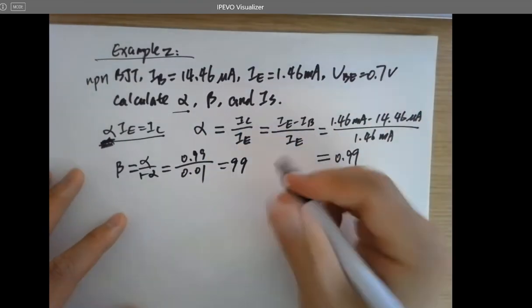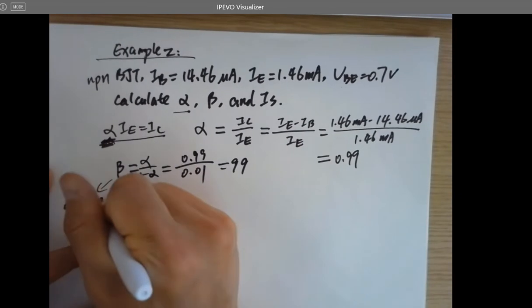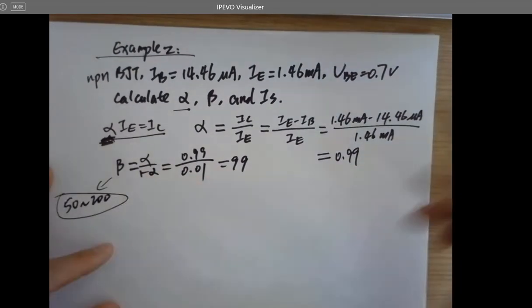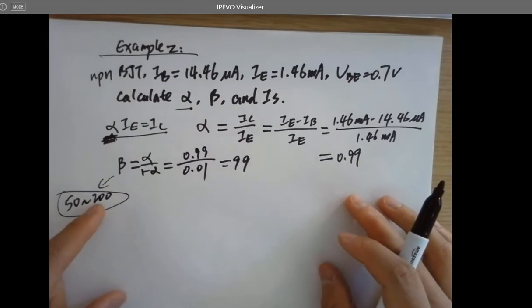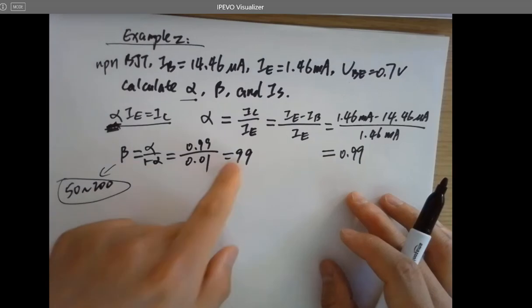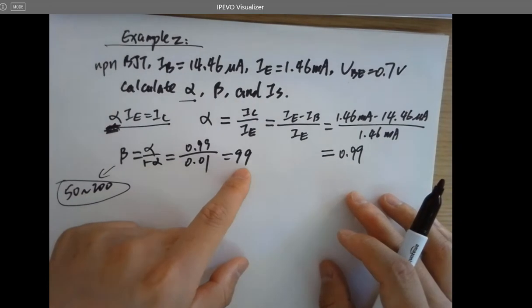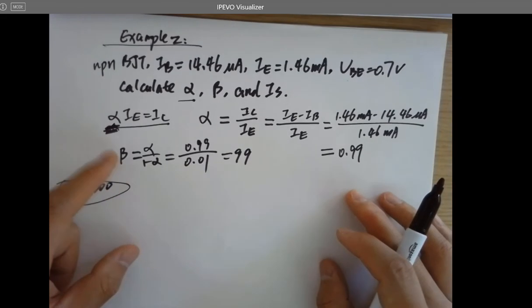And remember the typical range for beta is 50 to 200. If you buy an NPN BJT, it's going to be somewhere around this. Normally we use 100, but sometimes it can be 200. So 99 looks correct. If you calculate for beta and get like 1 or 2, probably your calculation is wrong. So it's a quick method to check it really quickly. Okay.